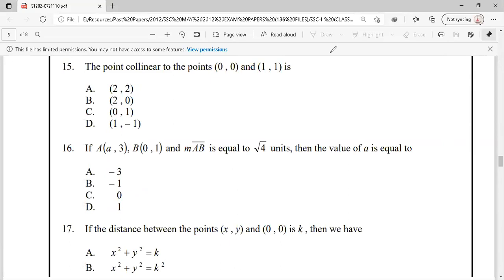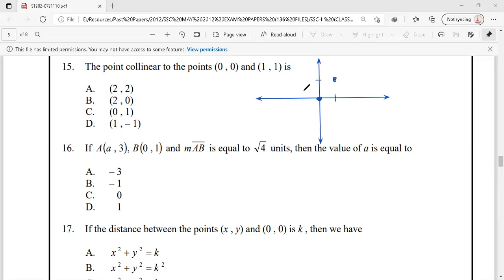Then we have question number 15, the point collinear with the points 0, 0 and 1, 1. So let's say this is our x-axis and this is our y-axis. This will be our point 0 comma 0. Similarly, 1 comma 1 will be our point.